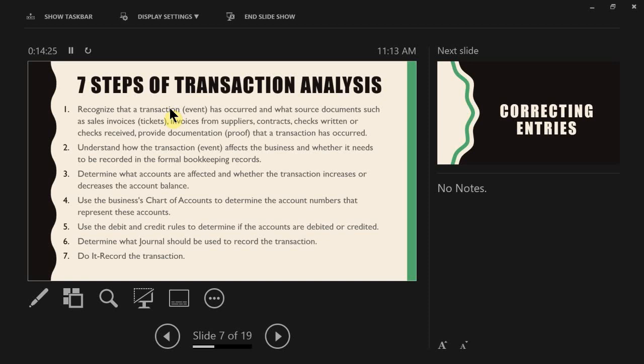And then number 4: now that we have 3 accounts that are possibly going to be affected, a utilities expense, accounts payable, and cash, I'm going to go to my chart of accounts and recognize what accounts are actually available to me. So I'm going to go into my expenses, and if I don't see a utilities expense, do I see an electricity expense? I do.